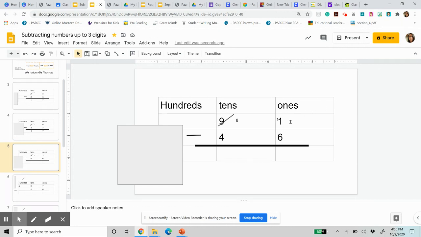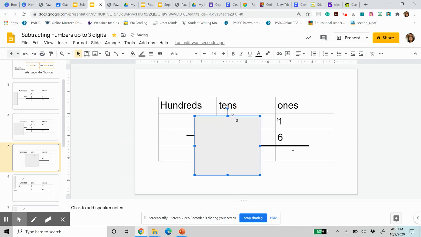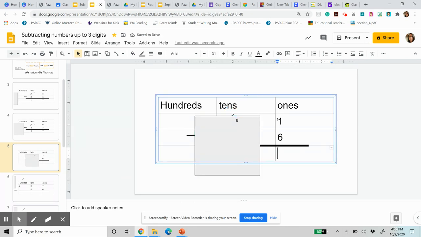And 11 is bigger than 6. Right? So use a paper and count backwards, or you can count up, however you do your subtraction strategy. Think. I gave you a couple minutes so that you're not just waiting for me, right? You should be thinking. Because even if you come up with the wrong answer, you're thinking. All right, so 11 take away 6 would be 5.